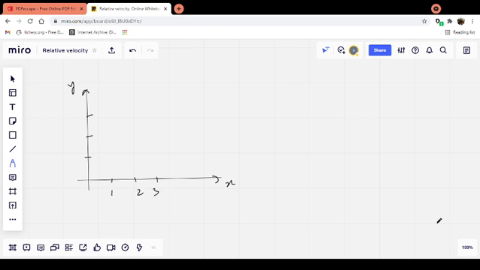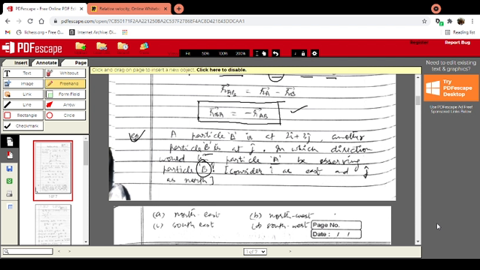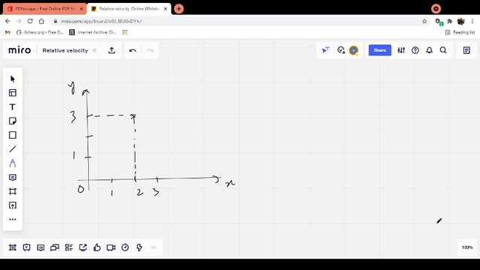One particle is at 2i and 3j, somewhere here, and this particle is A. The other particle is at j cap, that is somewhere here at 0, 1. That is where B is. So in which direction would A observe B? What would this direction be?